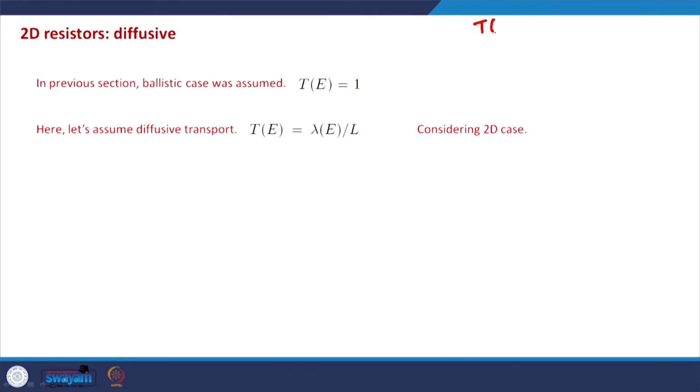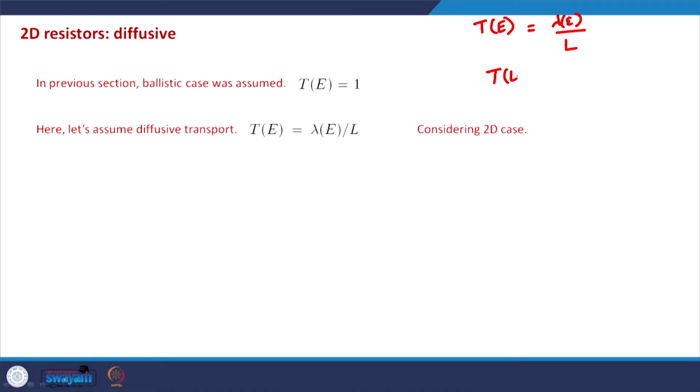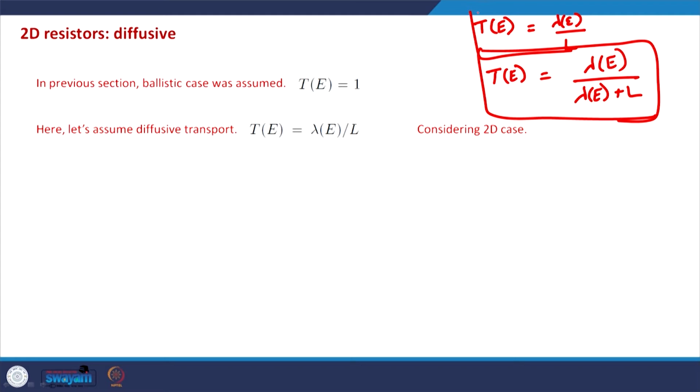In that case, the transmission coefficient T(E) is equal to lambda(E) by L. But in intermediate cases, when the conductor has electron scattering, but is not extremely long, not a bulk conductor, in the intermediate length scale, the transmission coefficient needs to be taken as T(E) equal to lambda(E) divided by lambda(E) plus L. So, T(E) equal to lambda(E) by L is the pure diffusive case, and this is a more general case.